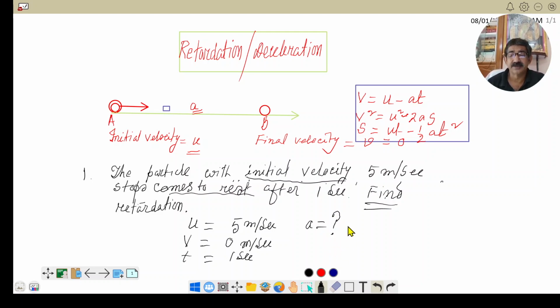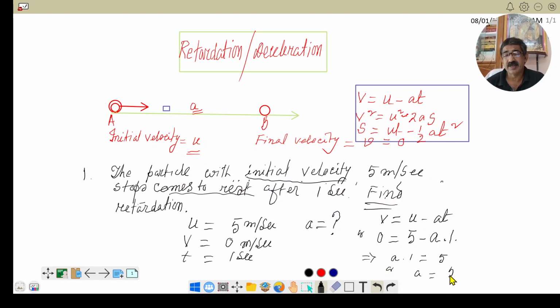So the formula, during retardation, V is equal to U minus AT, or 0 is equal to 5 minus A, A is unknown and T is equal to 1. That implies A into 1 is equal to 5, or A is equal to 5 meter per second square.